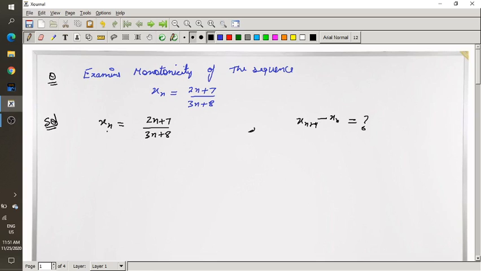Here xn equals (2n plus 7) upon (3n plus 8). For xn plus 1, I will just replace n by n plus 1. So (2(n plus 1) plus 7) divided by (3(n plus 1) plus 8).